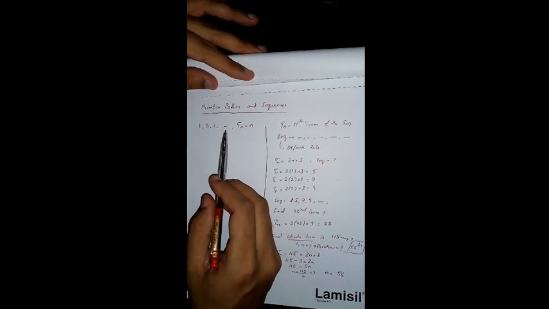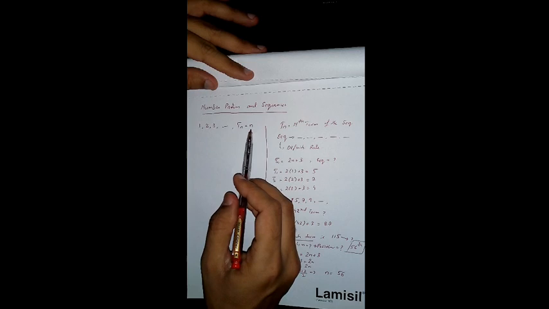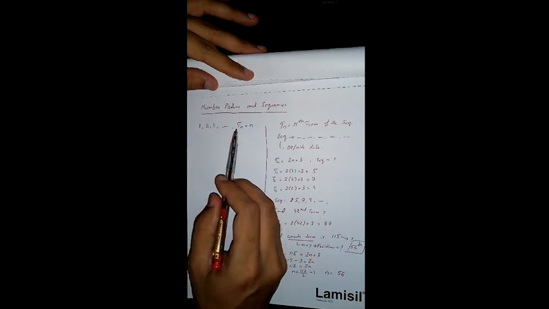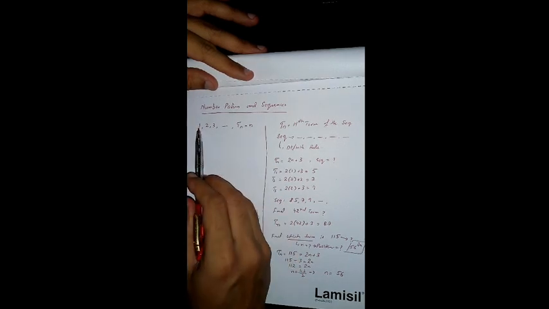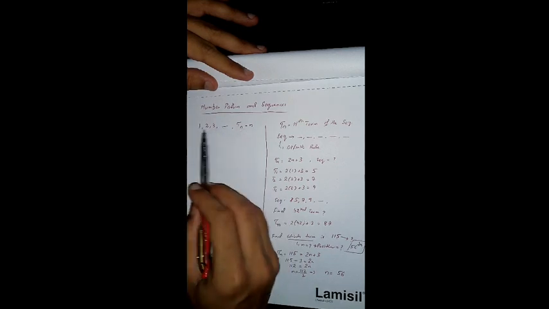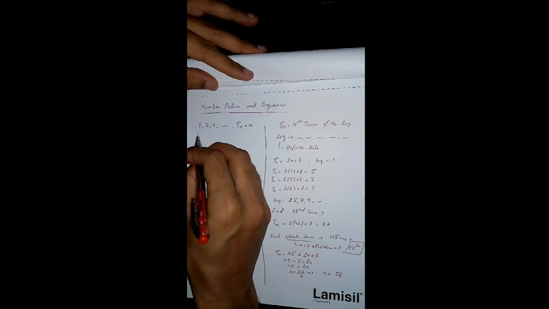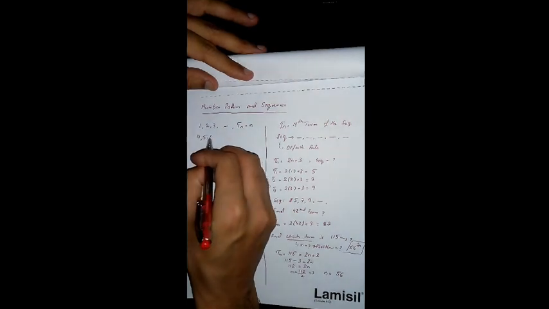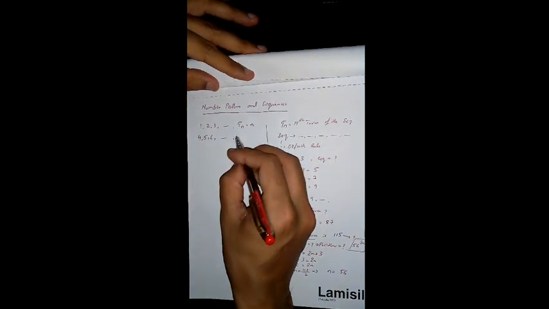Some basic sequences should be learned by the students. Suppose 1, 2, 3 and so on has the nth term equal to n, and you can clearly see that if I put n equal to 1 I will get this, for n equal to 2 I will get this, for n equal to 3 I will get this. Suppose the sequence is 4, 5, 6 and so on.